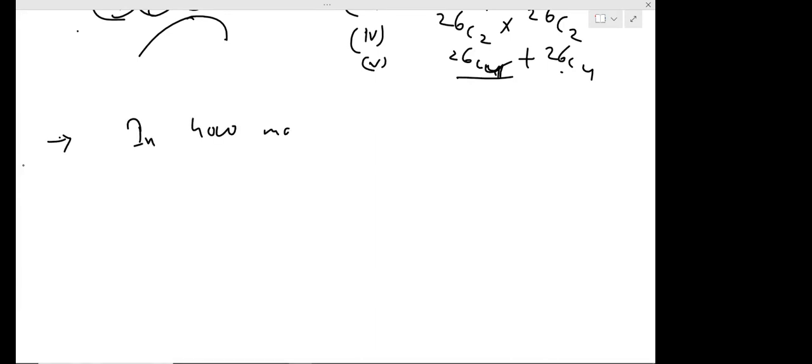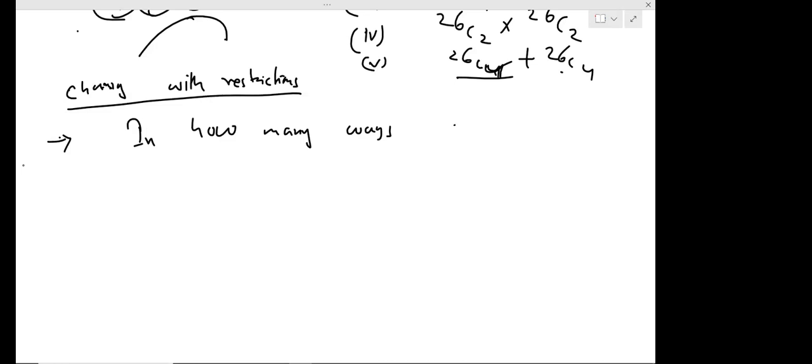In how many ways? And you can put a heading also: choosing with restrictions or constraints.